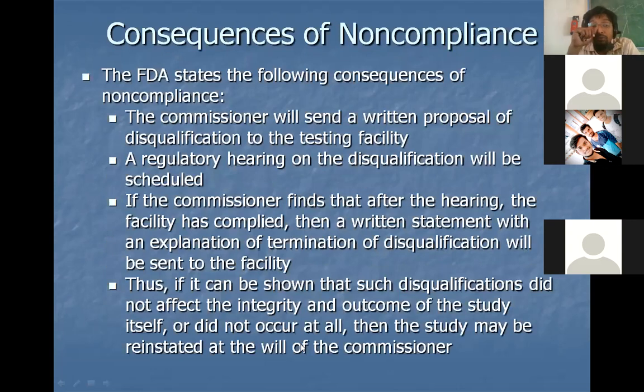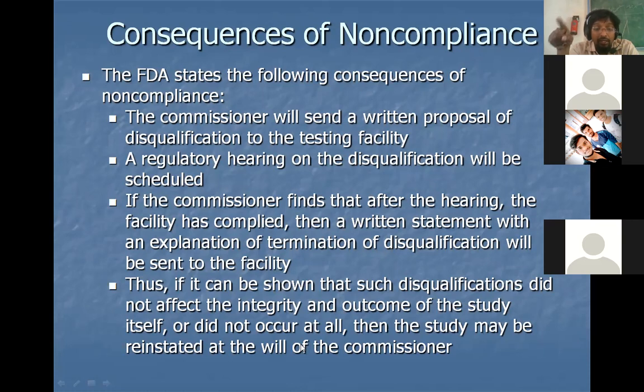Then consequences of non-compliance. What will happen if you have non-compliance? The FDA states the following consequences. The commissioner will send a written proposal of disqualification to the testing facilities. Then a regulatory hearing on the disqualification will be scheduled. Then if the commissioner finds that after the hearing the facility has complied, a written statement with an explanation of termination of the disqualification will be sent to the facility.